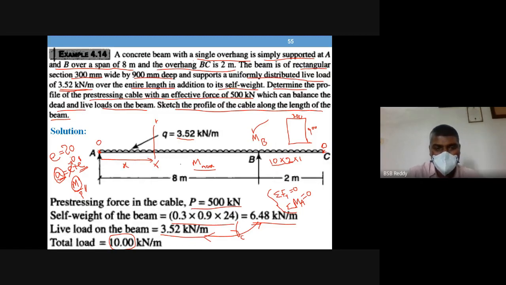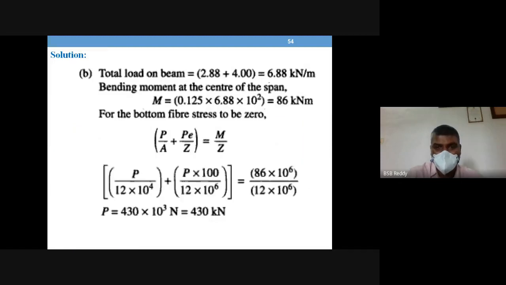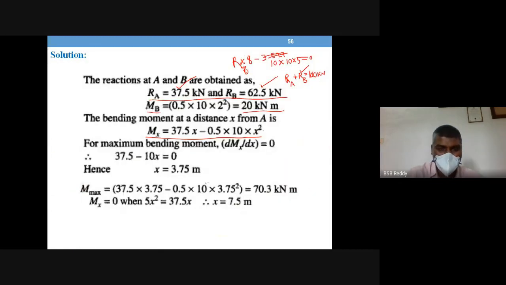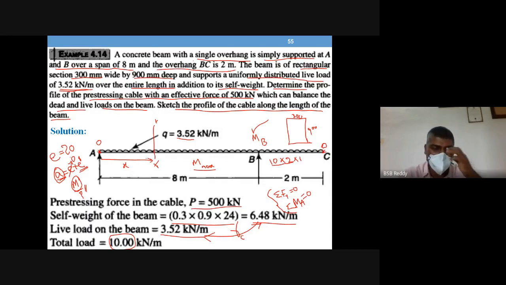Now write the sum of all moments about the section x, so that is the Mx value. So RA into x, the sum of all moments to the left.